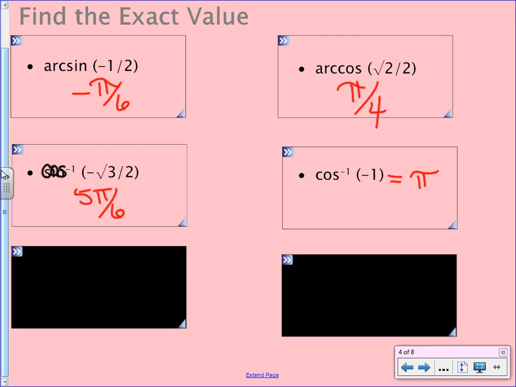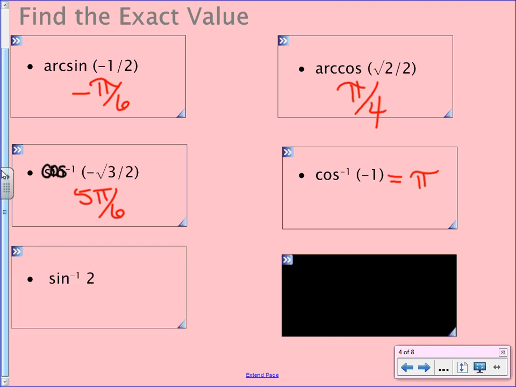Where are you never going to give me an angle? Quadrant 3. Okay, quadrant 3 doesn't matter right now. Let's look at this one. The inverse sine of 2. Why? Because it's bigger than 1.